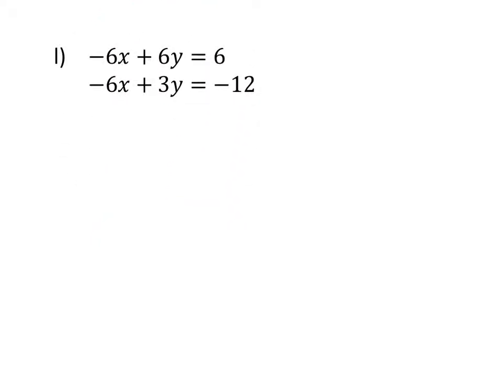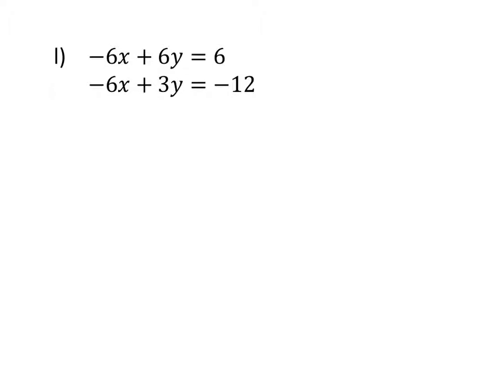Okay, so in letter L, the x's are lined up, y's are lined up, equal signs, and constants, so we're good to go in that regard. Now, with our y's, we don't even have the same or opposite coefficients, but with our x's, we have the same coefficient. So here again, I want to multiply one of the equations only by -1.